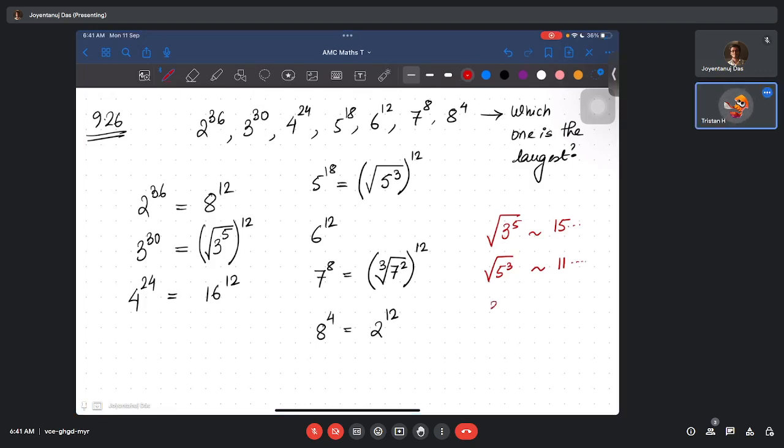And then the cube root of 7 squared, I found this one to be somewhere above 3.